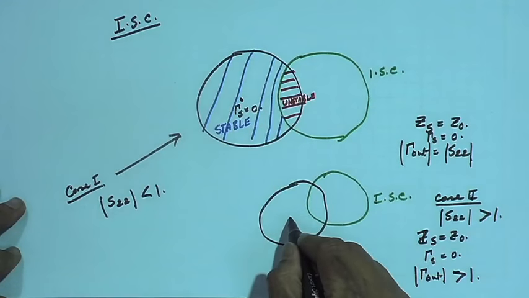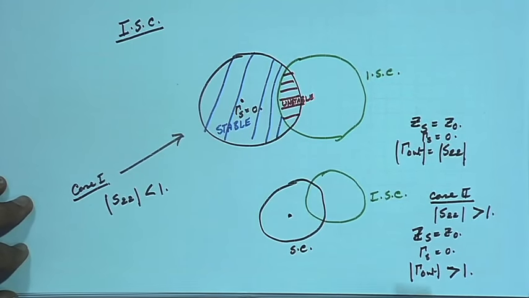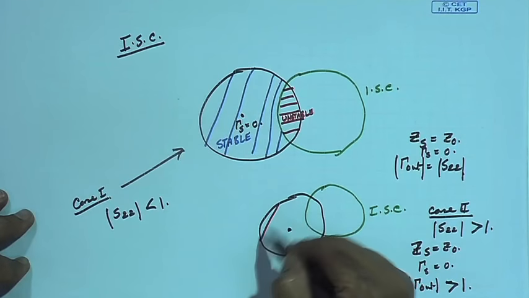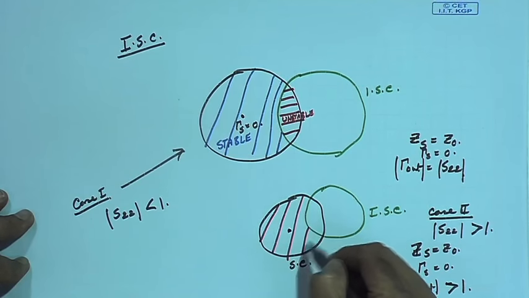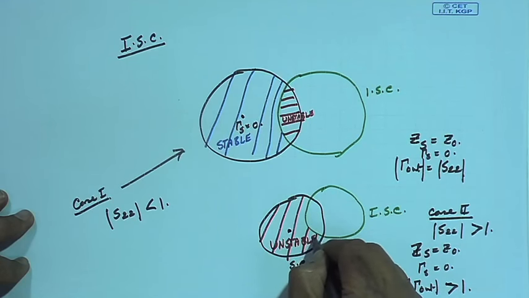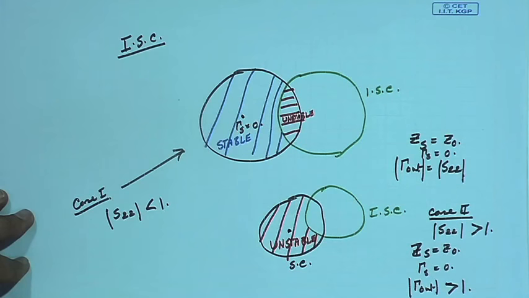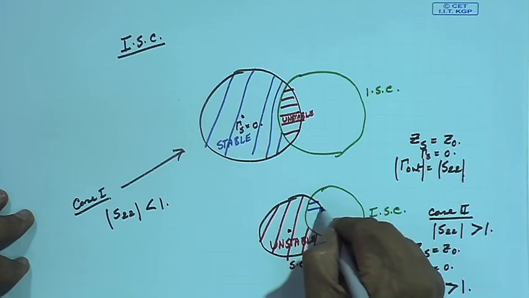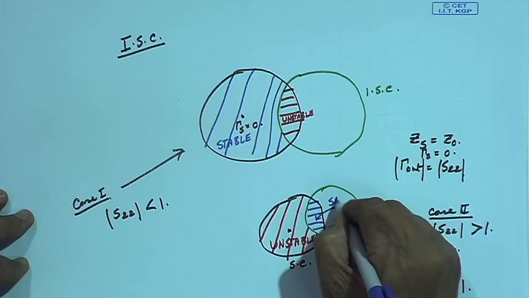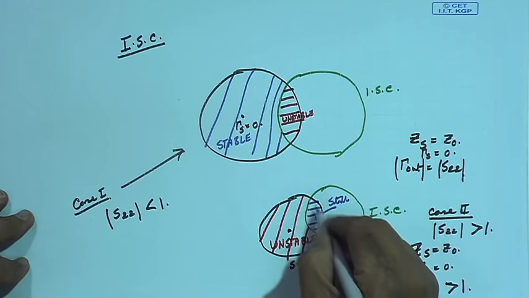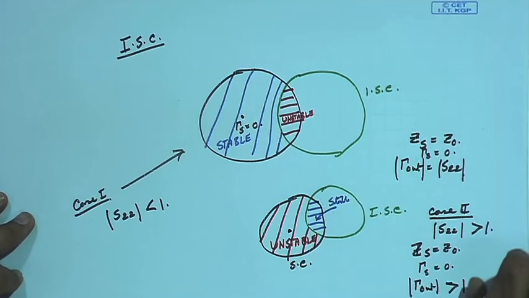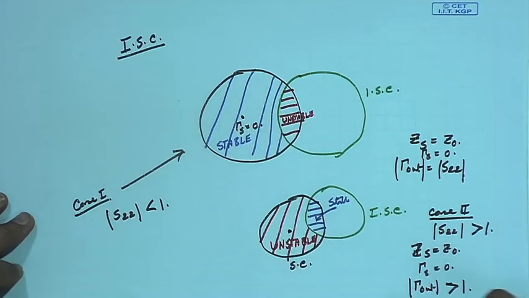So, I know that this point of the Smith chart is now an unstable region. So, this becomes my unstable region and this is my stable region. So, I should choose my gamma S from here. This is for the intersection case.